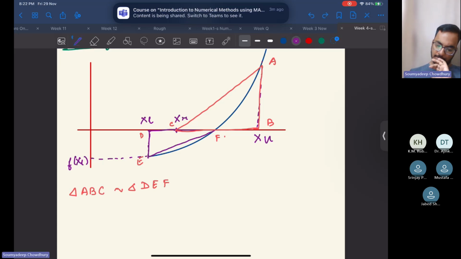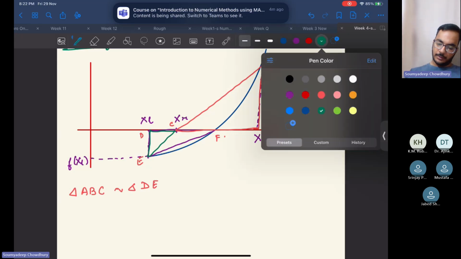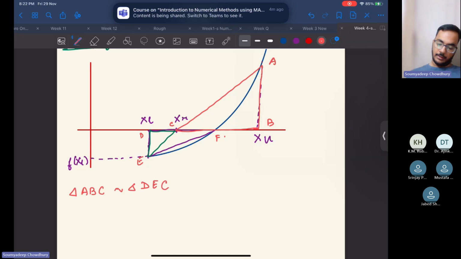Just consider this triangle: DEC and ABC. ABC and DEC, not DEF. Sorry. So it is basically these two triangles that are similar.